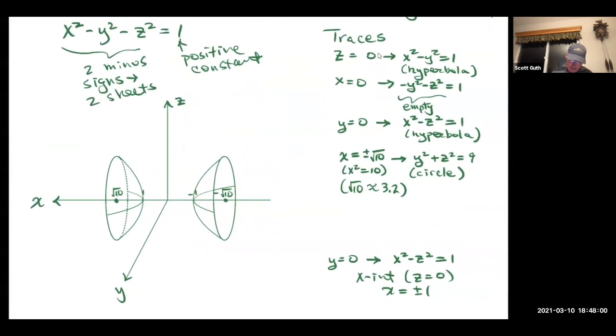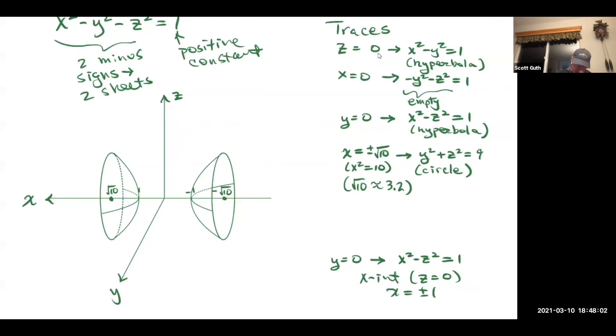Okay, and then I would probably label my hyperbolas and all my curves. So these two circles are x squared plus y squared equals 9. There's two of them.